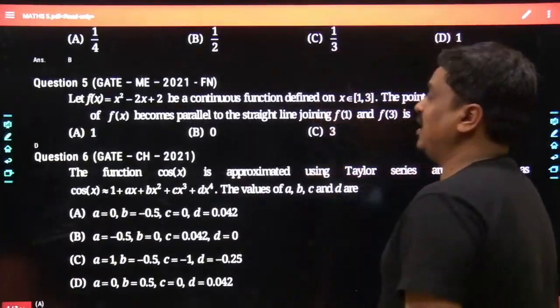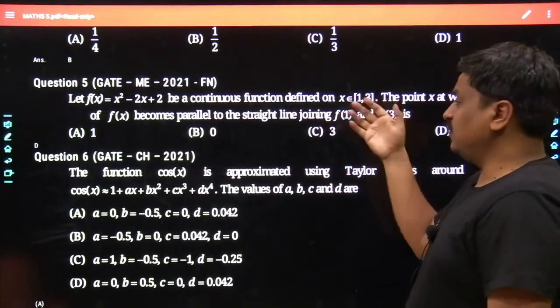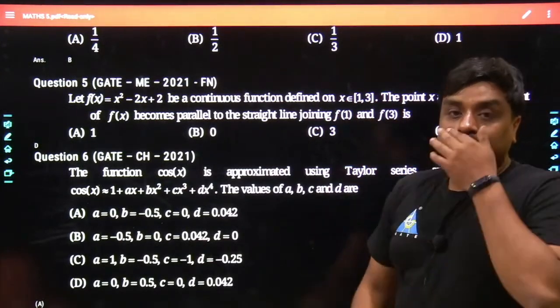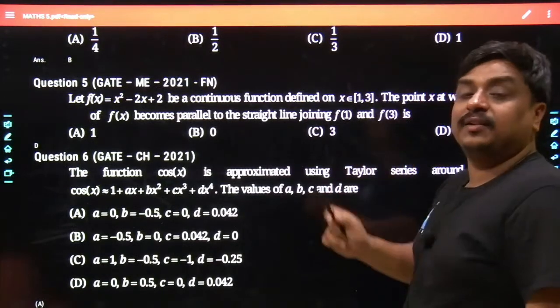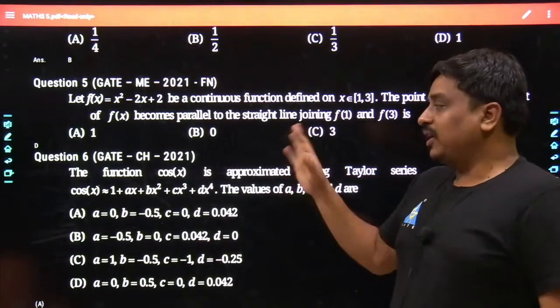The first question which I took was the problem related to Lagrange's mean value theorem, where we wanted to get the value of c, or the value of x, at which the slope of the straight line connecting 1 and 3 and the instantaneous slope over the function have the same slope. That we have seen in the last class.